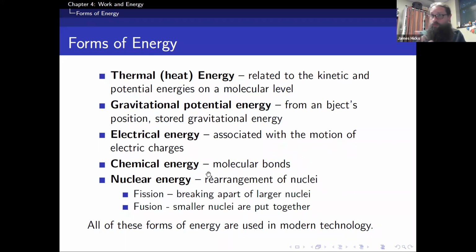Chemical energy, like when you burn something to create heat from a fire, that's energy that we're getting from molecular bonds, so how atoms are positioned relative to each other. And nuclear energy comes from breaking apart or putting together bonds on a subatomic scale. All of these forms of energy are used in modern technology.